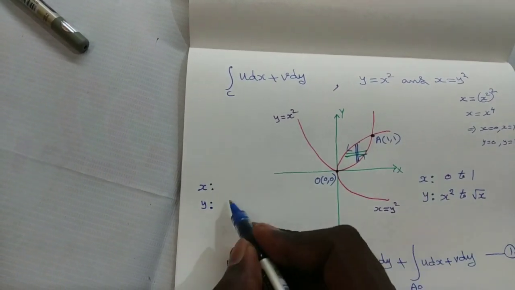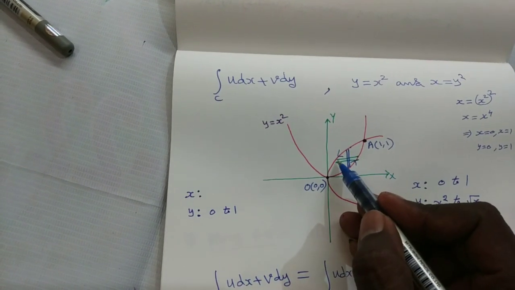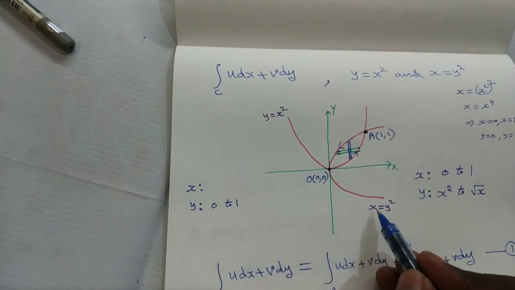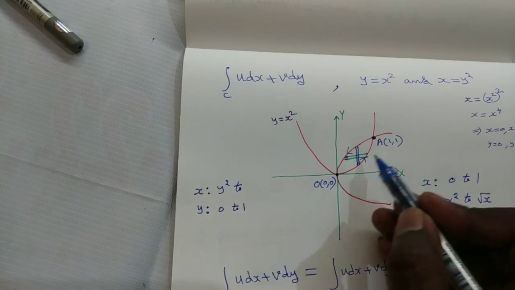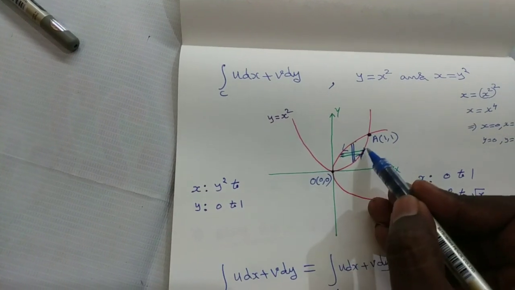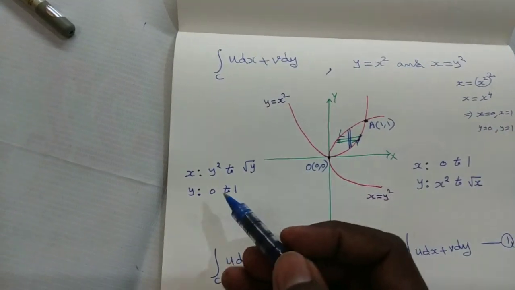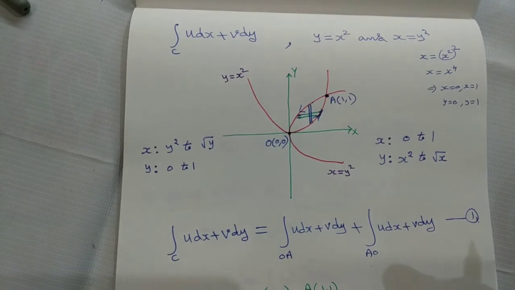Constant means the y limit is 0 to 1. The x limit: this strip starts from this parabola. From this parabola, what is x? Y square. This strip ends with this parabola. From this parabola, what is x? Root y. This you can also use. You can use any limit, then you will get the same answer.